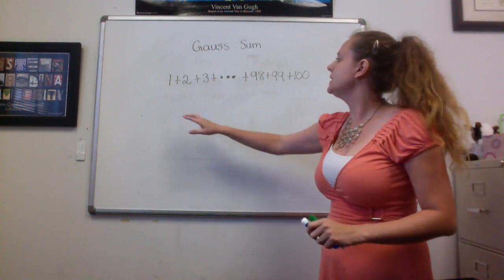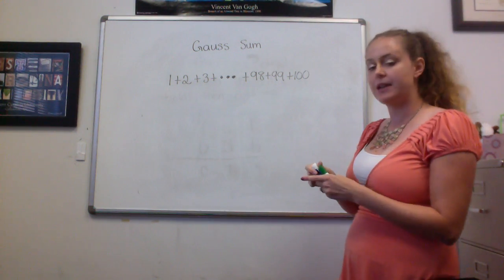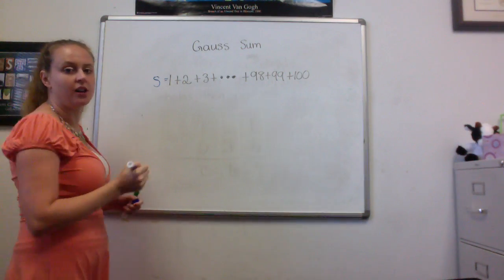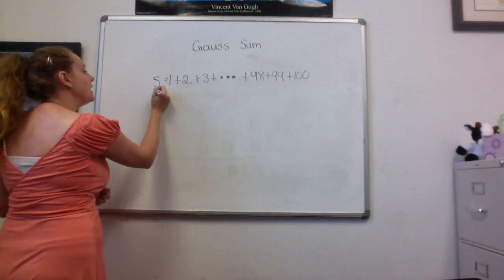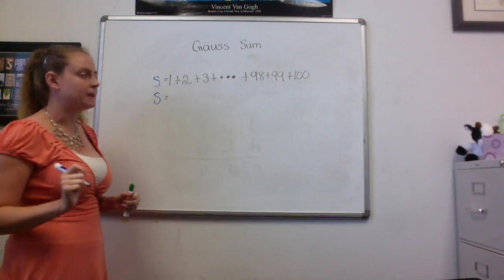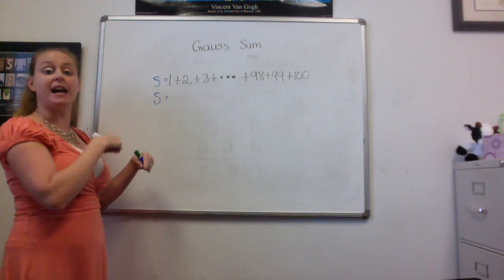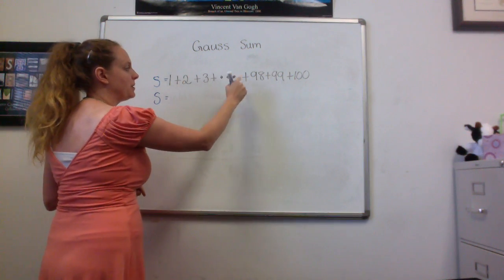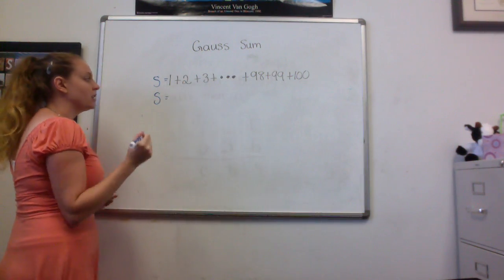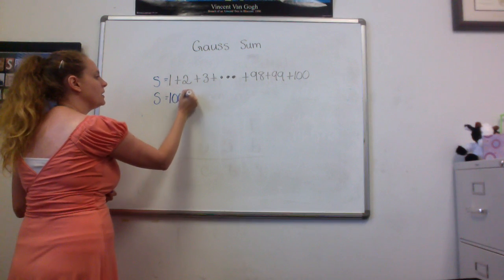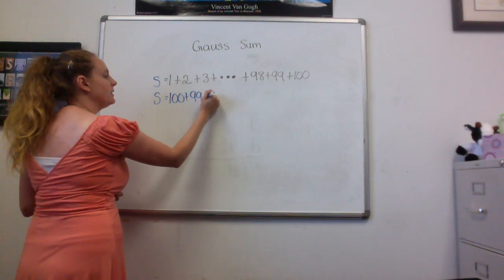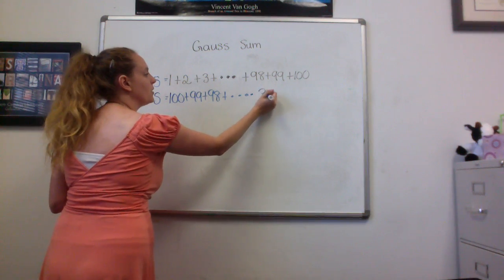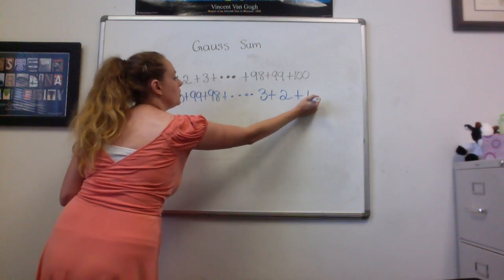So what I'm going to do is say, okay, this whole big thing is equal to the sum. So I'm going to call it S for sum. Then here's the trick that Gauss came up with. I can write this sum backwards. So I could say 1 plus 2 plus 3 plus 4 plus 5 plus 6 plus all the numbers up to 100 could also be written 100 plus 99 plus 98, all these other numbers, plus 3 plus 2 plus 1.